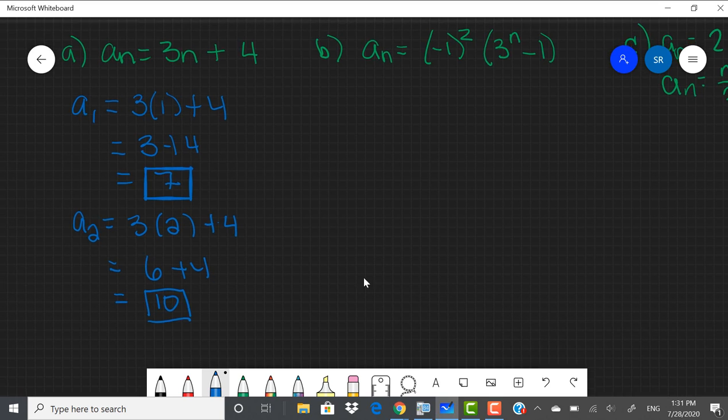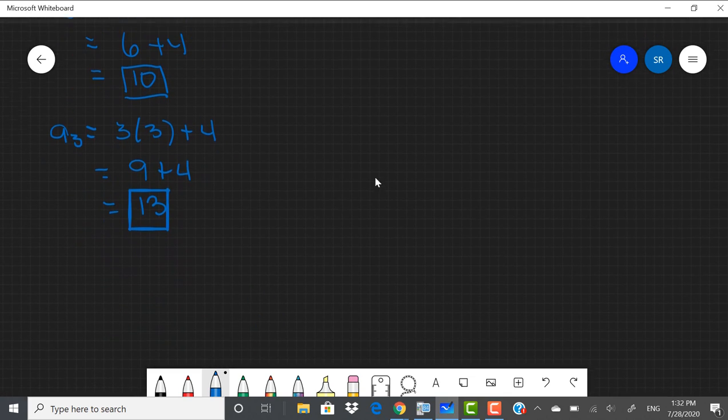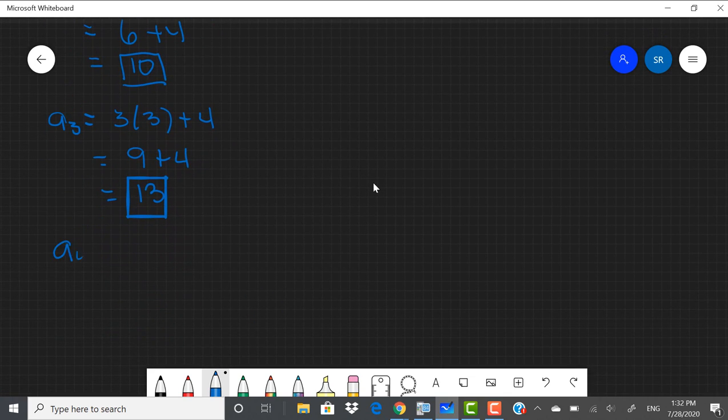We're going to continue on down for a sub 3. 3 times 3 plus 4, which equals 9 plus 4, which of course is 13. And then one last term, a sub 4 equals 3 times 4 plus 4.